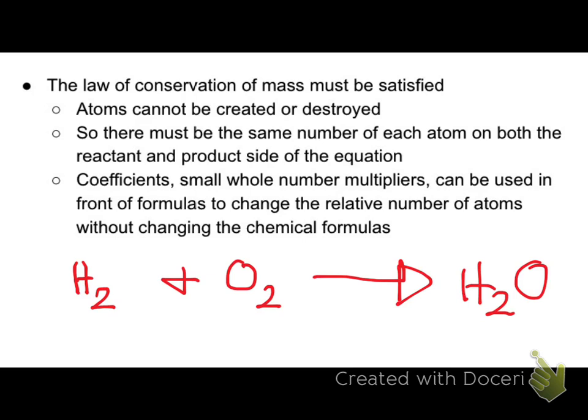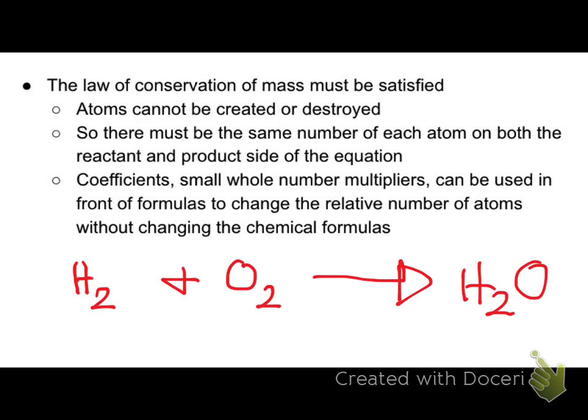But I can't change the subscripts. Okay? It would be really easy to balance this equation by simply putting a little 2 here, right? Now we have the same number of oxygen on both sides. But there's a problem with this. H2O is water. H2O2 is dihydrogen dioxide, and it's poisonous and toxic to drink. It's not the same thing. So I can't just write that little subscript in there.